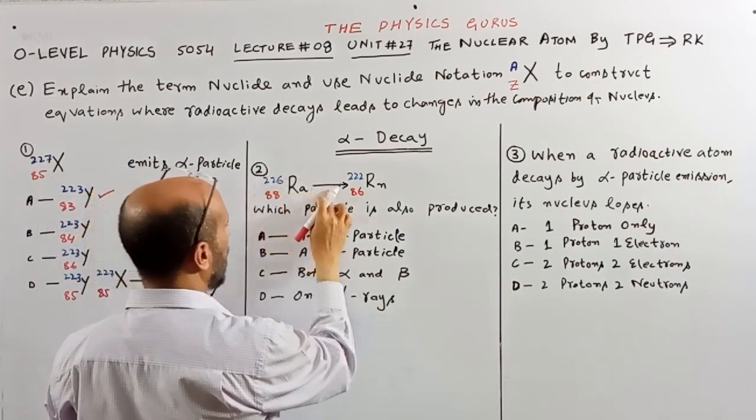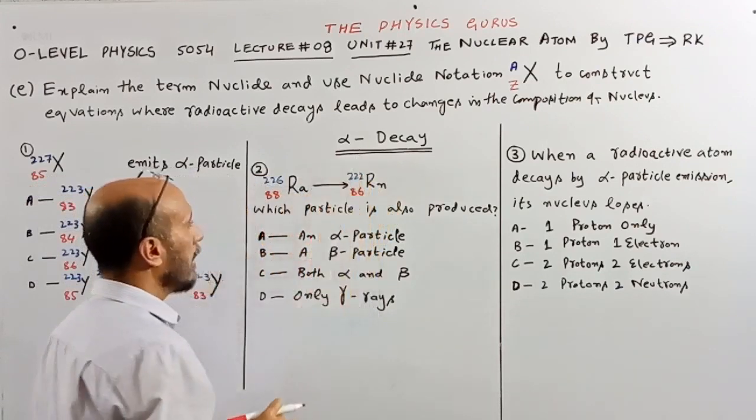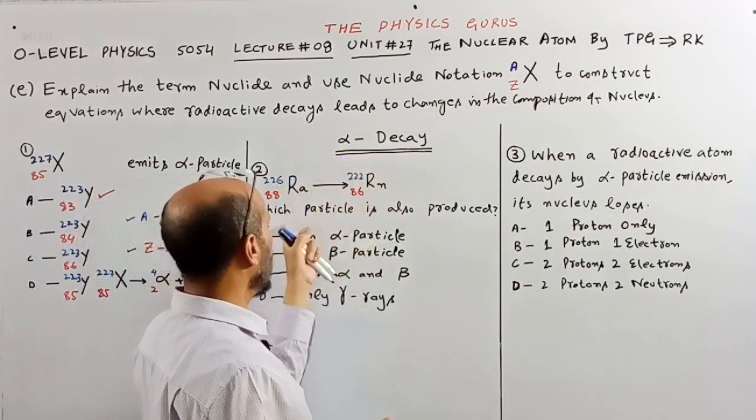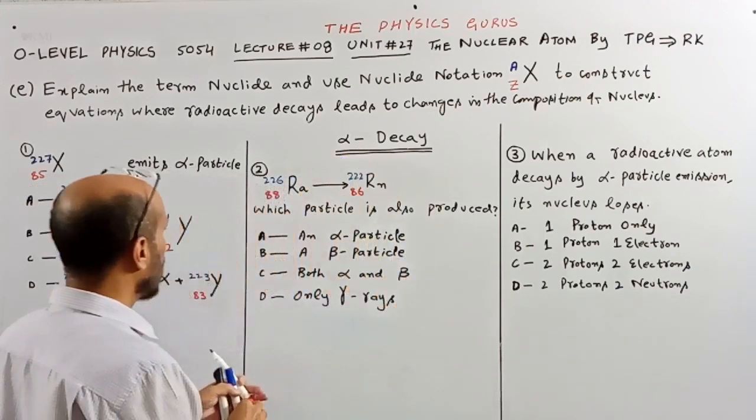In question number 2, Ra 88-226 is converted into Rn 86-222, and it is being asked which particle is also produced during this conversion.